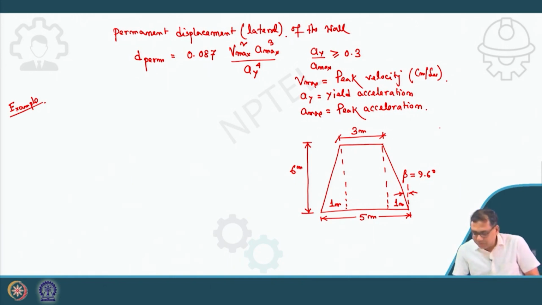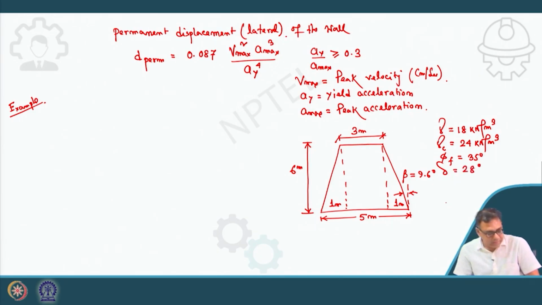Okay? So, your unit weight is taken as 18 kilonewton per meter cube, and unit weight of concrete 24 kilonewton per meter cube. Then phi fill is taken as 35 degree, delta is taken as 28 degree, and kh is taken as 0.2, again kV is equal to 0. Okay, and beta is obviously 9.6.